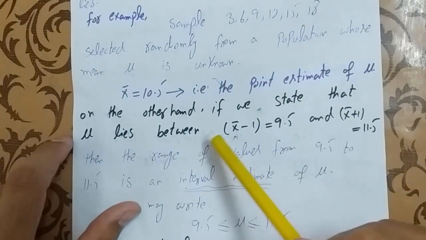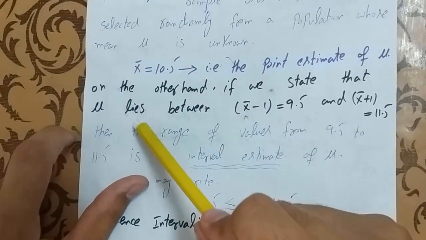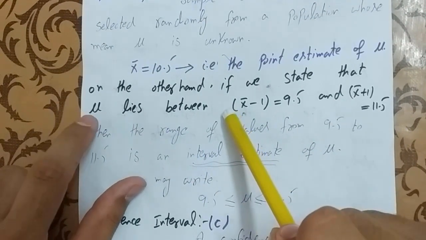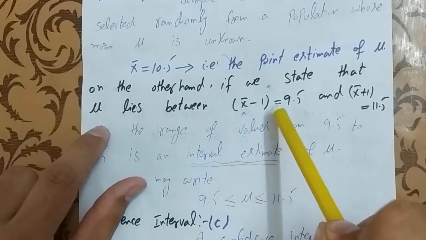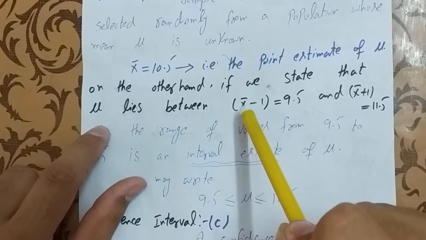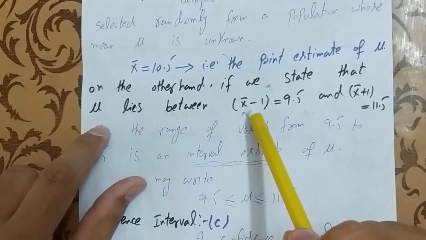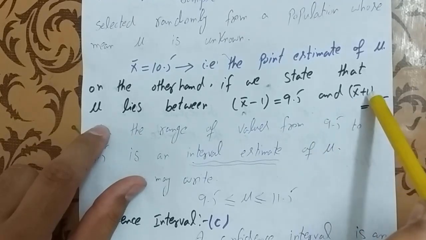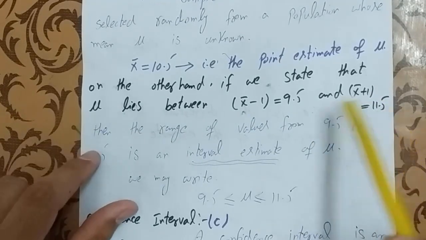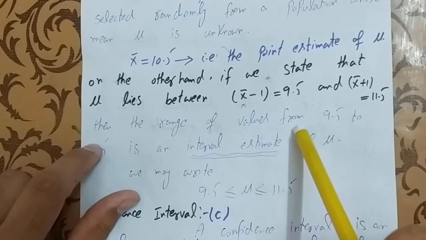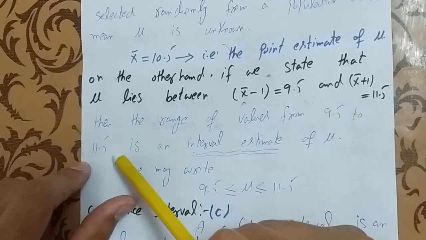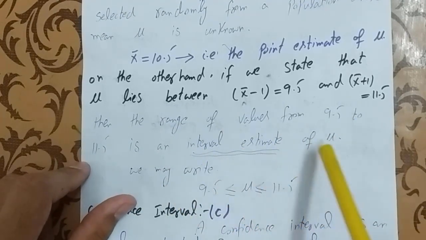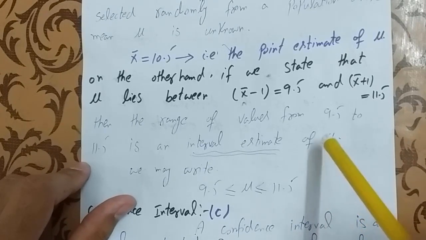On the other hand, if we state that mu lies between x bar minus 1 and x bar plus 1, then putting in the value of x bar, 10.5 minus 1 is equal to 9.5, and adding 1 gives 11.5. Then the range of values from 9.5 to 11.5 is the interval estimate of mu, which is our topic.